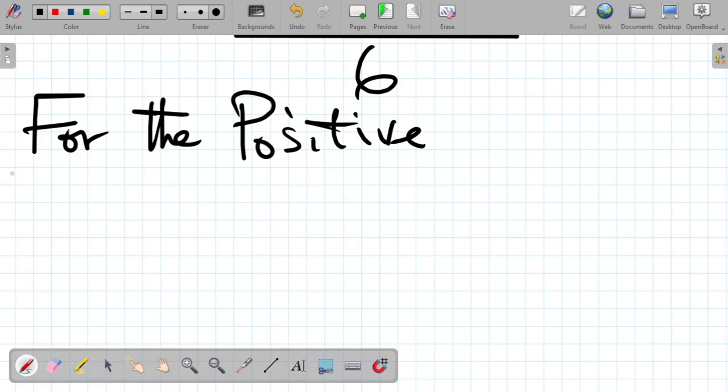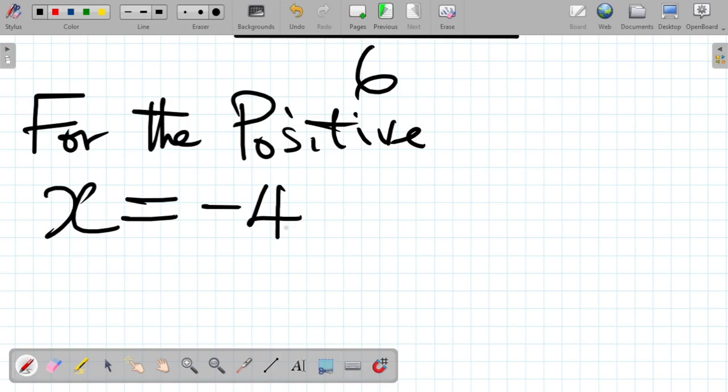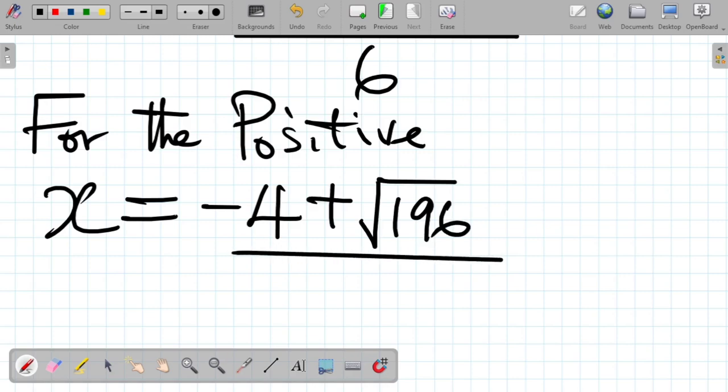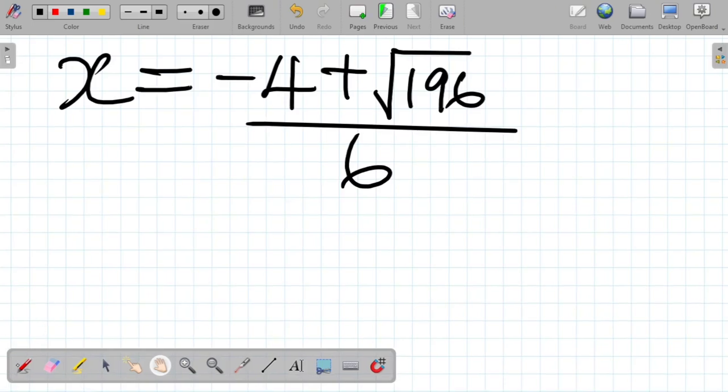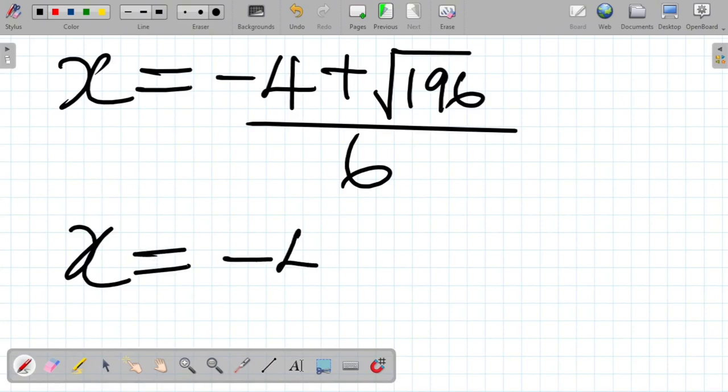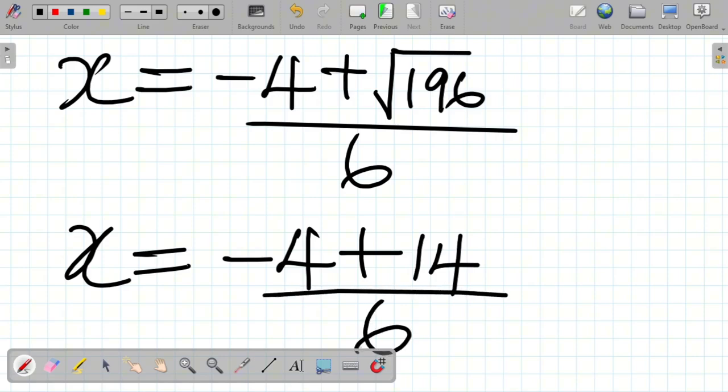For the positive, x is equal to negative 4 plus square root of 196 all over 6, which gives us x is equal to negative 4 plus square root of 196 is 14, and then all over 6.